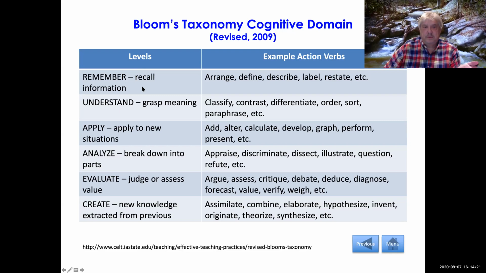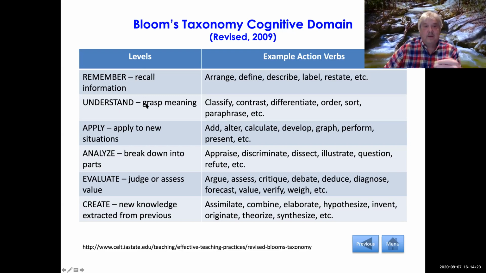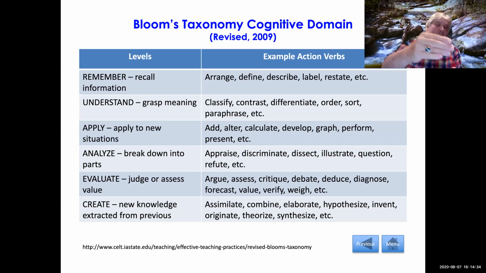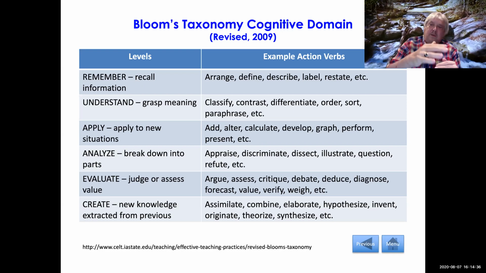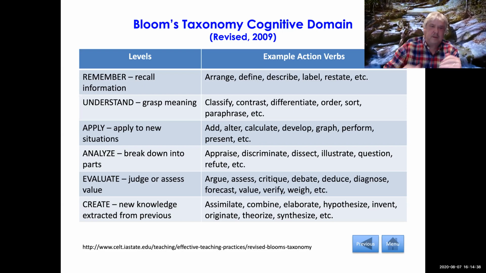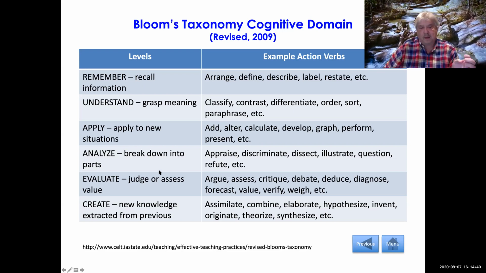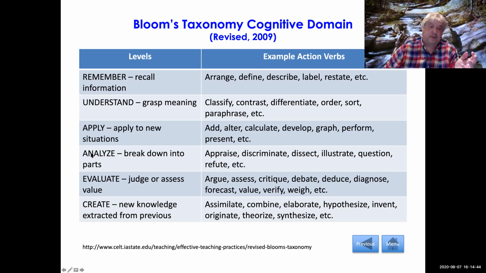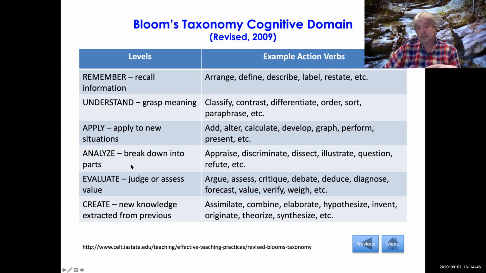Lower levels are recall, or understanding, where you might classify, contrast, paraphrase, or apply some information to another setting. As we go down this list, things become higher order thinking and problem solving.